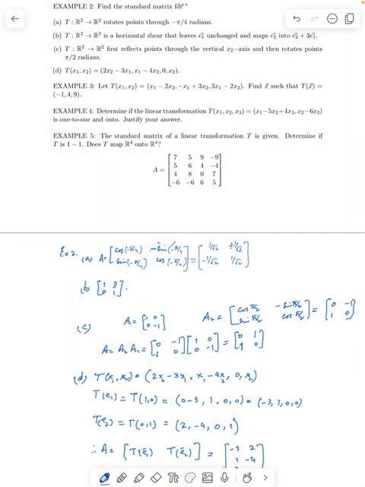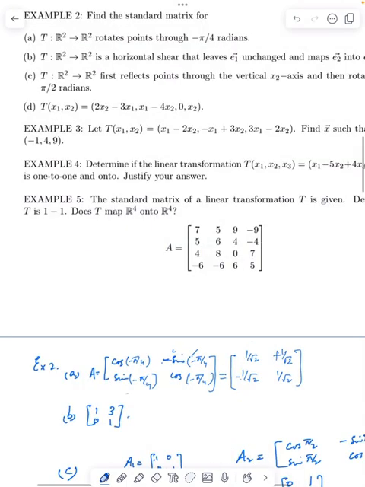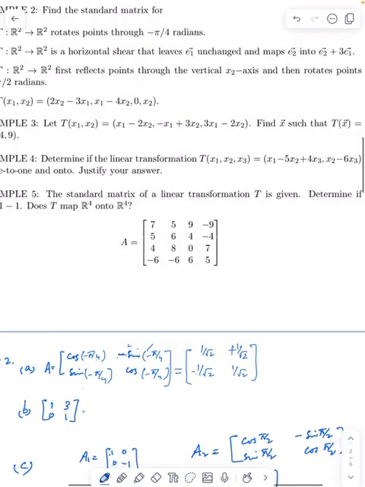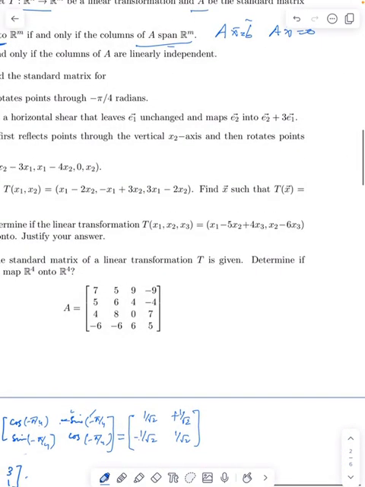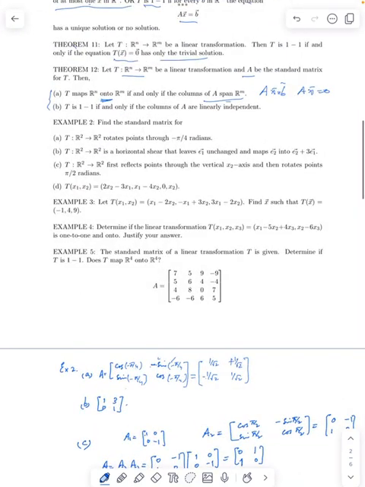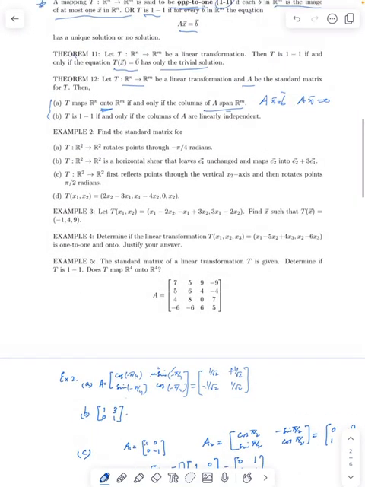We have to give the matrix of transformation. It is again going to be from R2 to R2, and it is a horizontal shear that leaves E1 unchanged and maps E2 into E2 plus 3E1. So how can we do that?